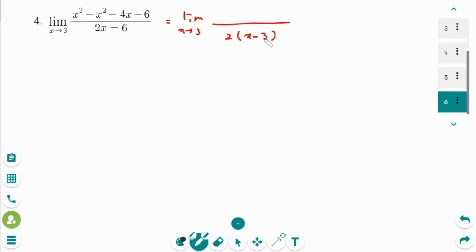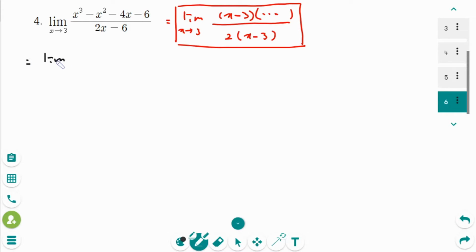This means that the numerator must have the factor of x minus 3, like this. Please remember this form. The limit as x approaches 3, this is x minus 3, and then something after this, and then 2x minus 3.